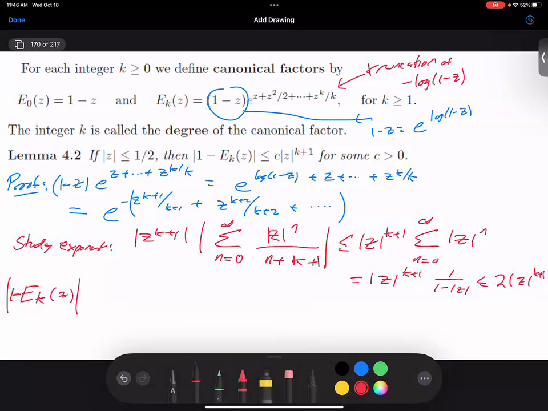So if you think about it, e_k of z, if I had 0, it would just equal 1. So this should look like 1 plus an error of size, Taylor series expansion of what comes next, of 2z to the k plus 1 plus smaller terms.